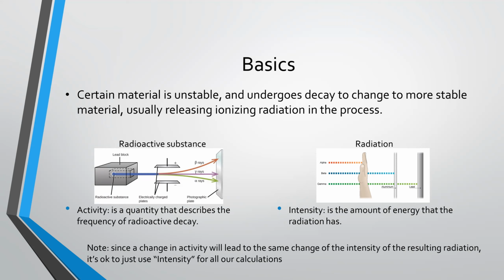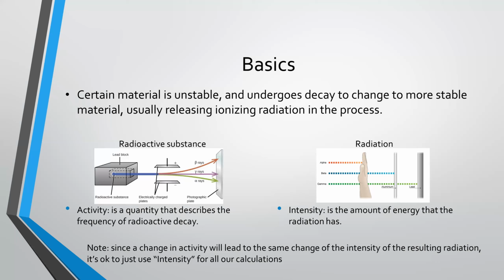So what is activity? Activity is a quantity that describes the frequency of radioactive decay, which means how many times the object or the material is emitting radiation per unit time. It can be per second, per minute, and we take the unit according to our convenience. Then there is intensity, which is energy per unit area.